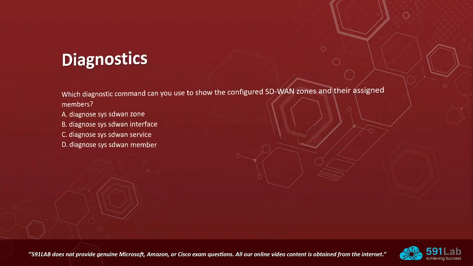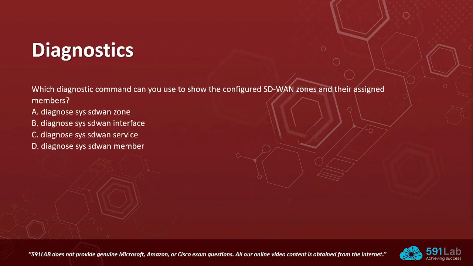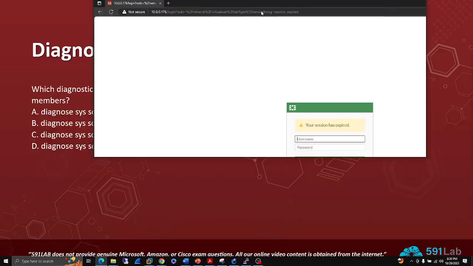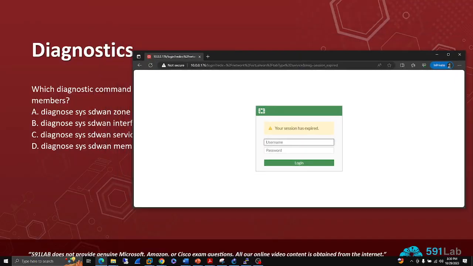The next one is about diagnostics. And we can see there, which diagnostic command can you use to show the configured SD-WAN zones and their assigned members. So let's take a look at the FortiGate and at these commands.